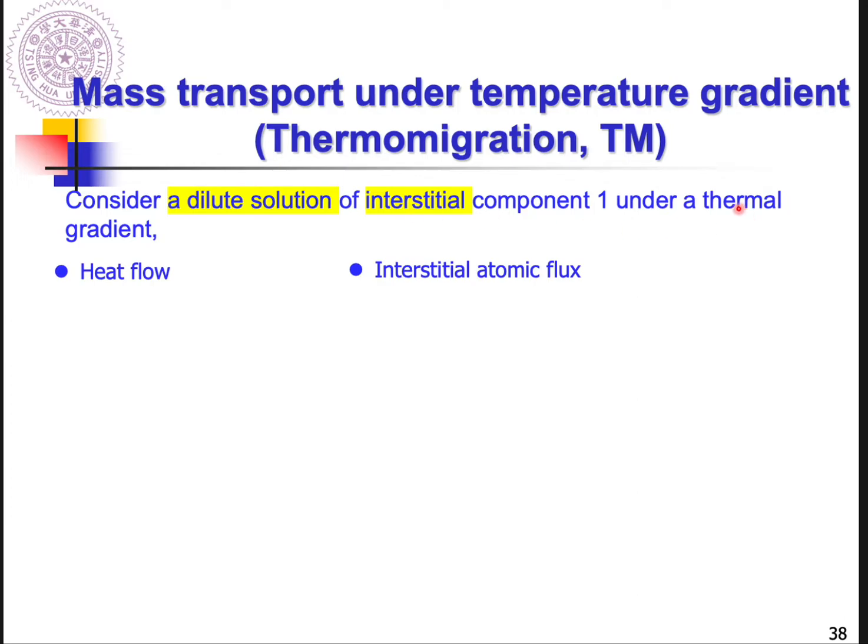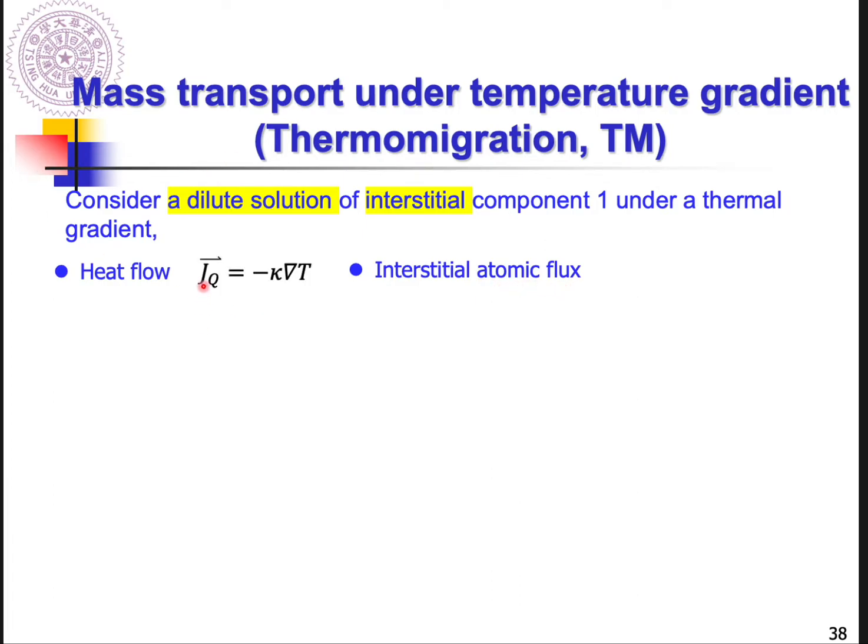The first driving force will be the temperature gradient, and the second possible driving force will be the concentration gradient, or you call it a chemical potential gradient. So based on these two possible driving forces, you can formulate the heat flux J capital Q, and the interstitial atomic flux will be Ji or J1, right?